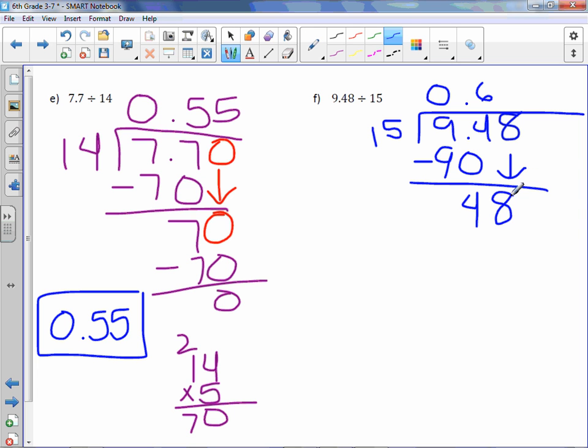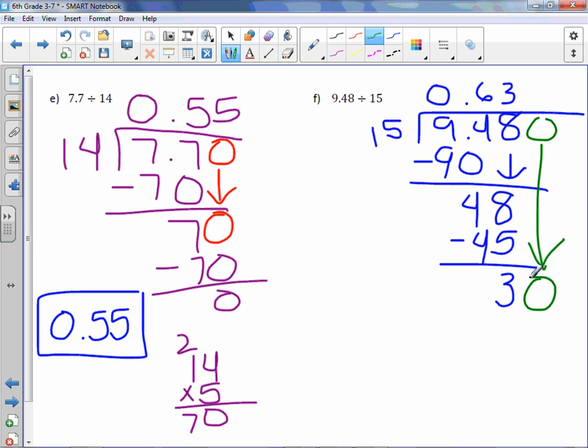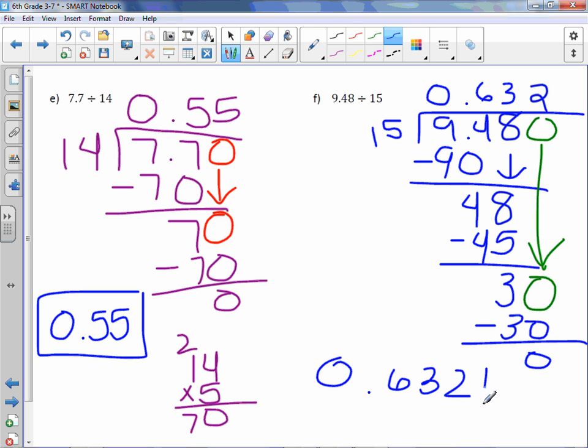Bring down the 8. 15 goes into 48 3 times. 15 times 3 is 45. Subtract and get 3. I need to bring down a 0. 15 into 30 would be twice, which is exactly 30. So the quotient is 0.632.